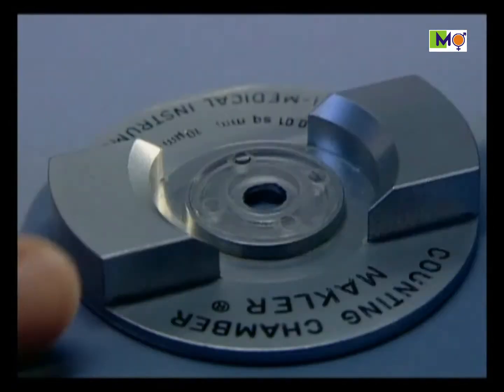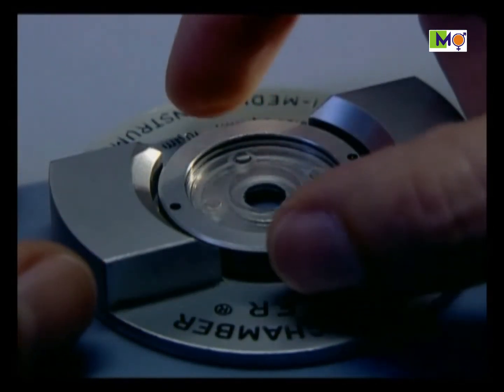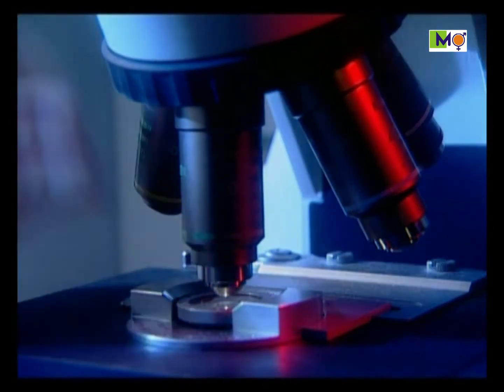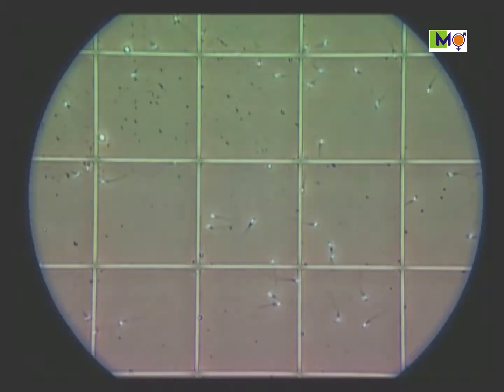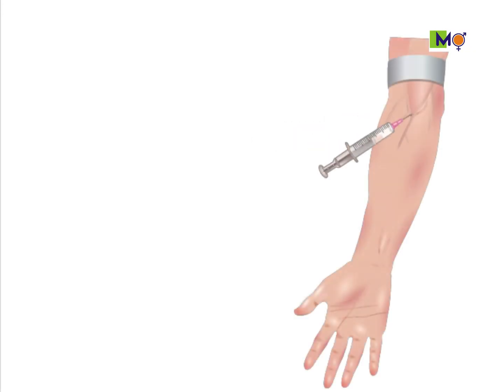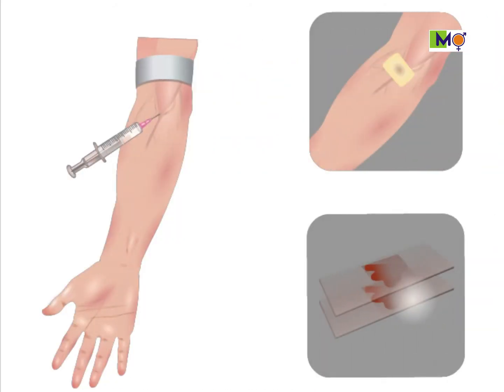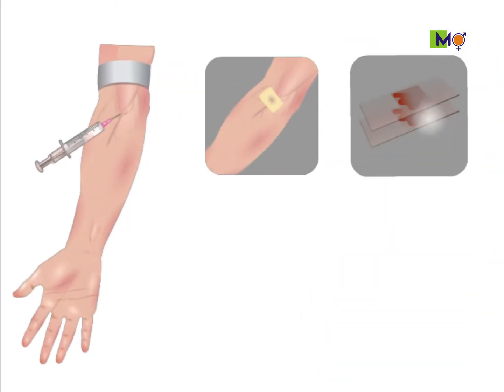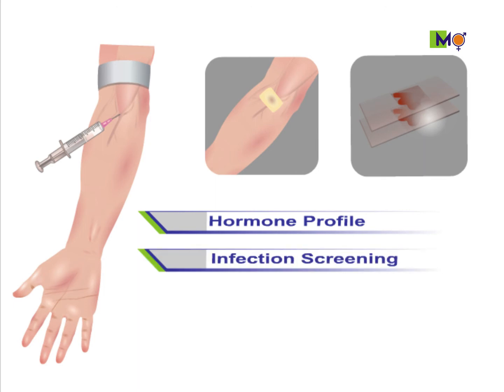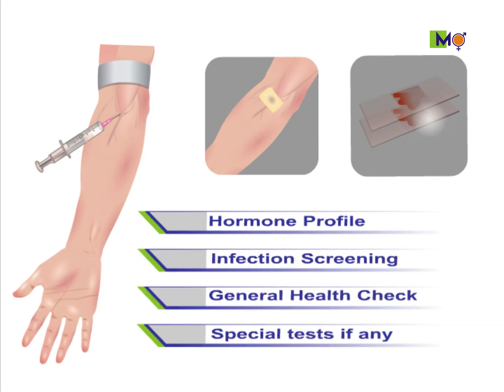Infertility treatment will involve semen analysis to ascertain the important parameters as previously elaborated. Laboratory tests which involve hormones, infection screen, and general health checks.